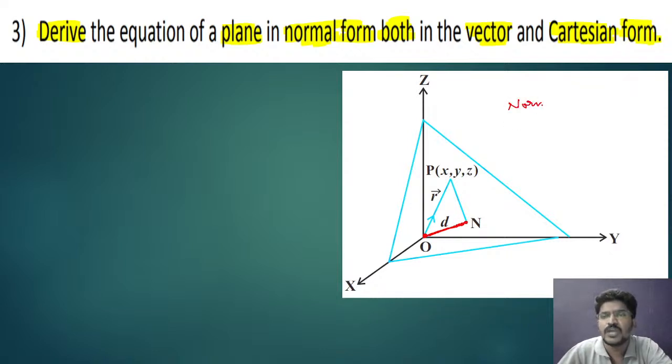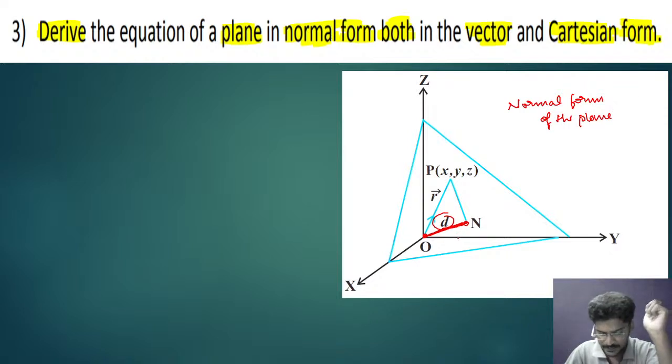In the normal form of the plane, the perpendicular distance from the origin is given as d. Whenever you are solving the normal form of the plane, just remember that this particular length is very important, and make a note of this.